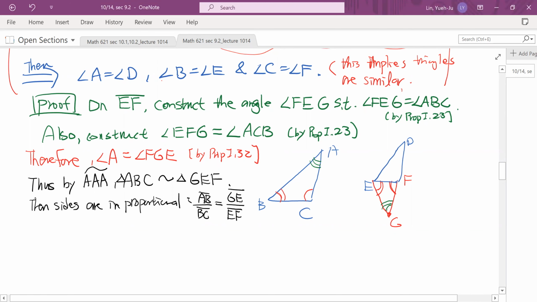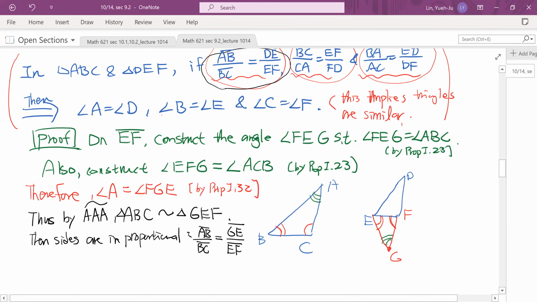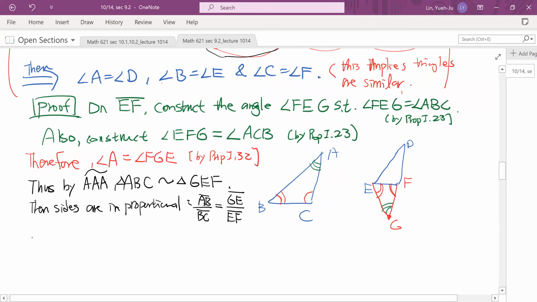But at the same time, remember what's our assumption? We have the assumption where AB over BC is equal to DE over EF. So now we have the transitivity here. So let me write it down. Also by assumption, we assume AB over BC is equal to DE over EF, right?